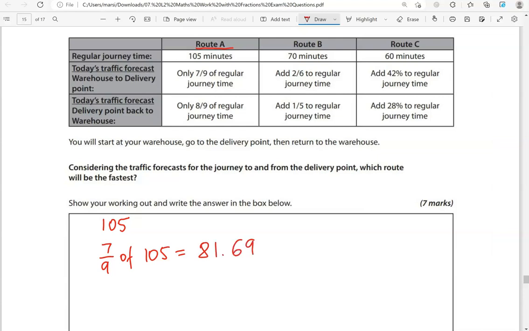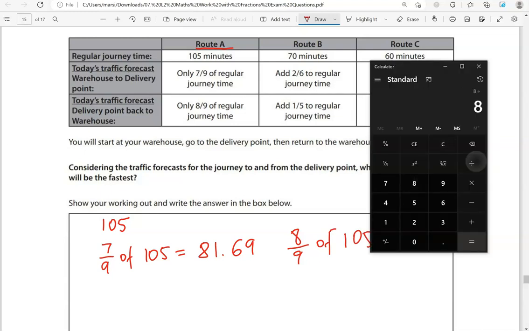And then we have 8/9 of 105. So 8 divided by 9 times 105 gives us 93.33.